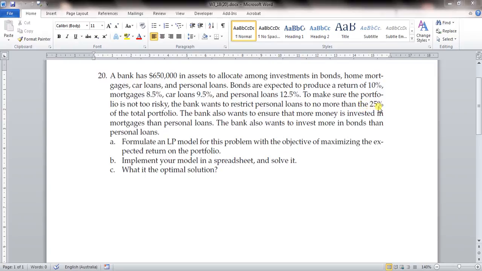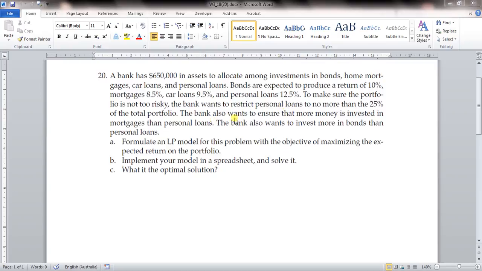The constraints are: the bank wants to restrict personal loans to no more than 25% of the total portfolio. That means it doesn't want to invest more than 25% of the total amount in personal loans.